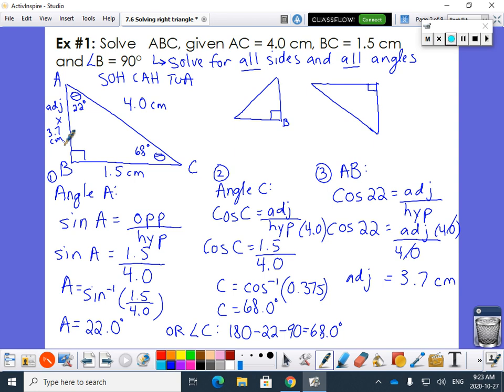Okay. Now there's one last thing I wanted to show you. I hope you have a little bit of space. We did angle A. We then did angle C. And then we just wanted AB. So yes, I am teaching you using trig ratios. But if you have a right angle triangle, and you have this side, what do we call this side?